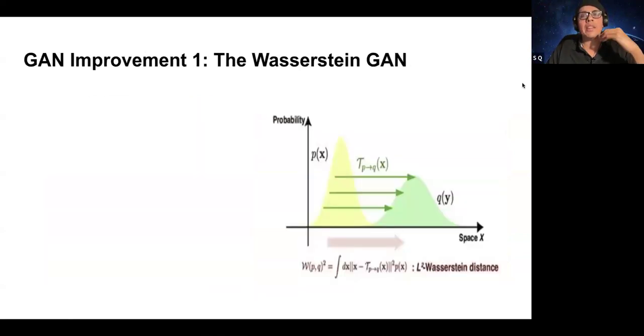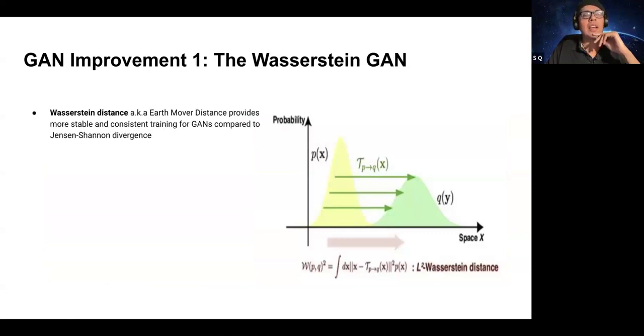So the first improvement that allowed us to get to this was the development of what's known as the Wasserstein GAN. The Wasserstein GAN changed the metric that was used. As I mentioned in the previous slide, the metric was called the JSD, that number. That number turned out not to be the best number to calculate more realistic faces.